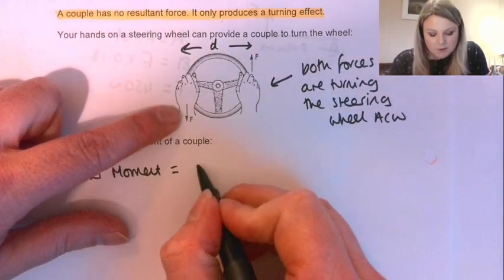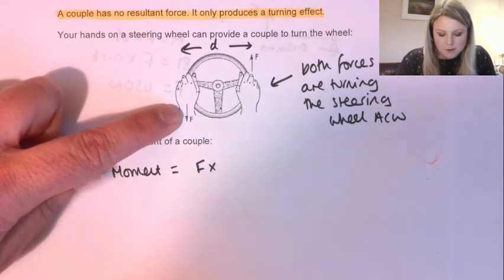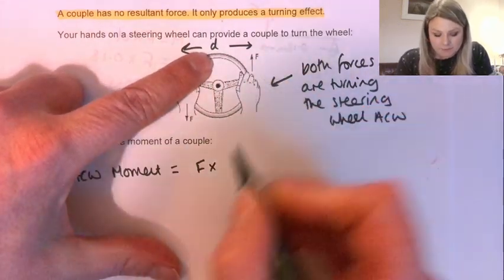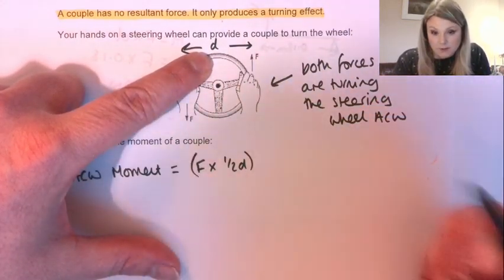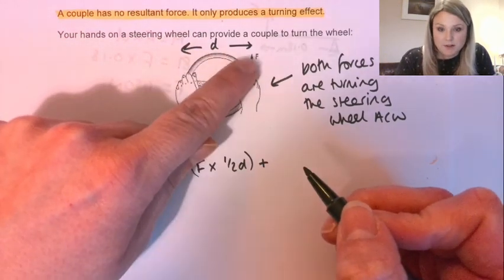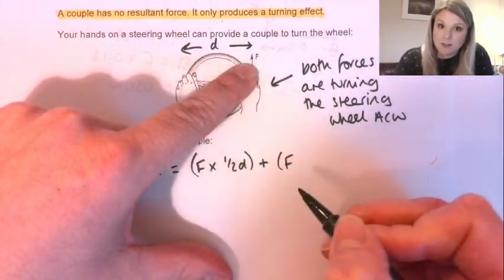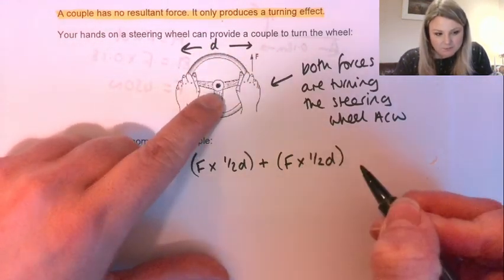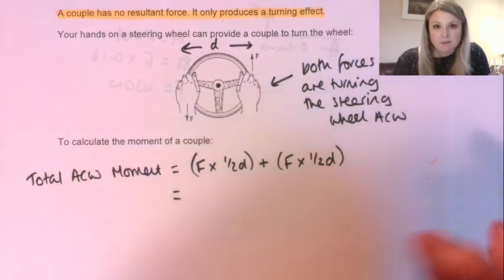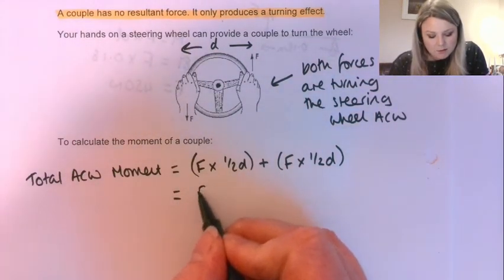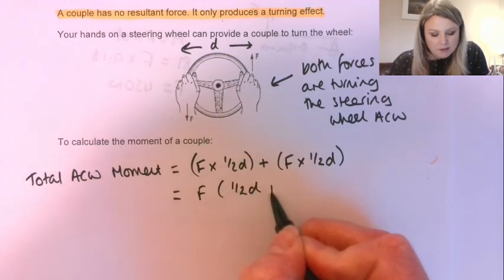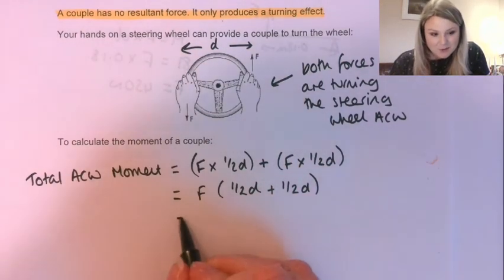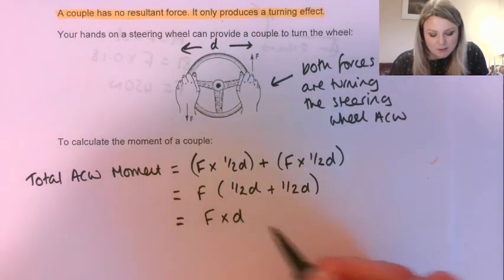So for this one, it's going to be force multiplied by the distance from this force to the pivot, which is a half D, plus the moment produced by this one, which is the force multiplied by the distance to the pivot, which again is half D. If I do a wee bit of factorising here, force can come out of the bracket, and we're left with a half D plus a half D. A half plus a half gives you 1. So we're just left with force multiplied by distance.